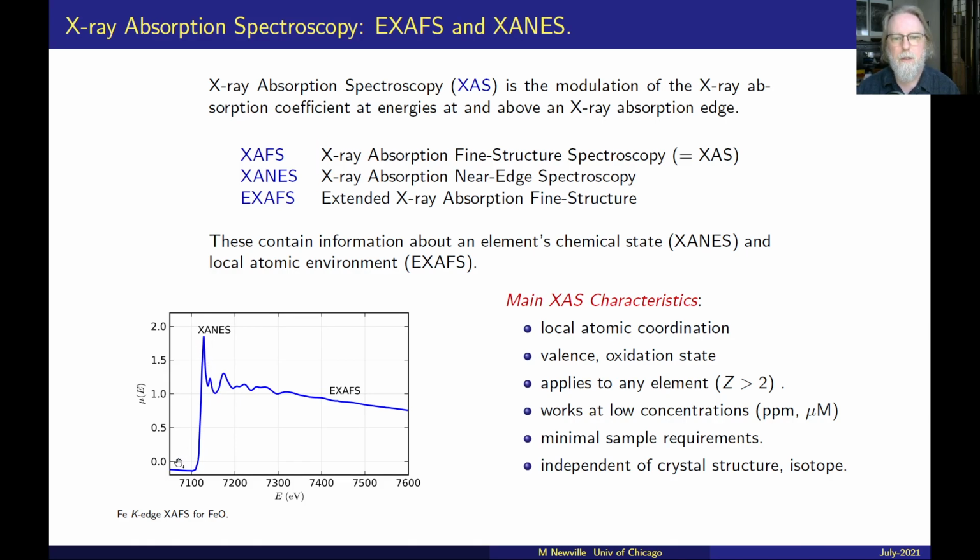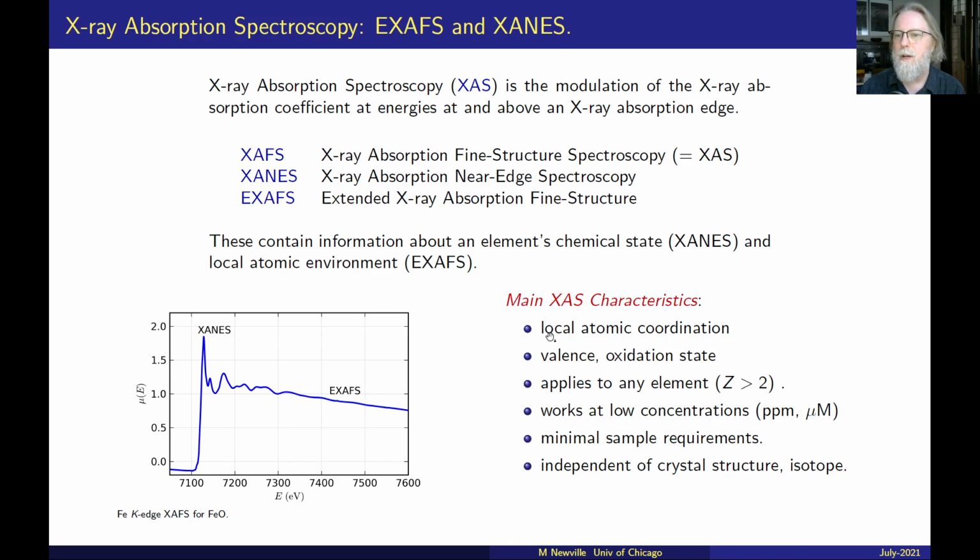So right when we can now promote the 1s electron out of, here, an iron atom, then we get these oscillations and features in the X-ray absorption coefficient that give us XAFS or XAS, the X-ray absorption fine structure spectroscopy, or the X-ray near edge structure, or the extended XAFS. And these contain information about the chemical state and local atomic environment of the atom. We'll go over this in much more detail later.